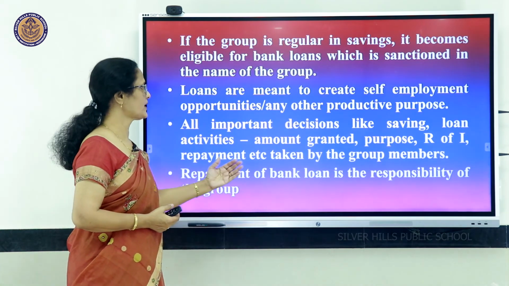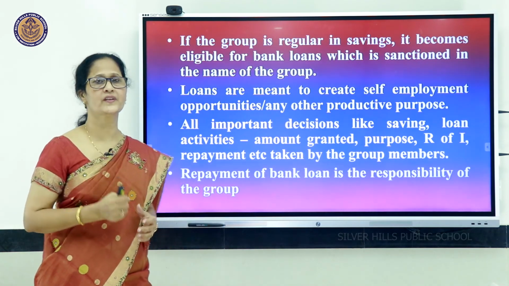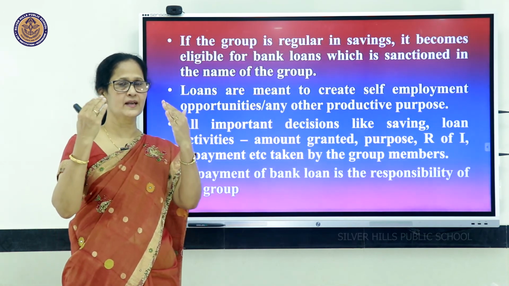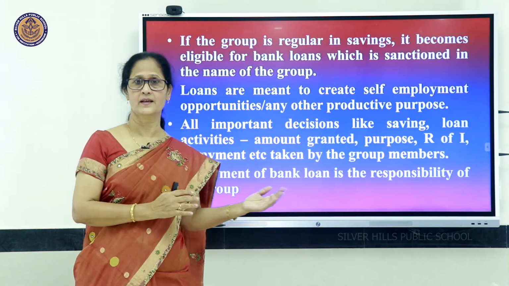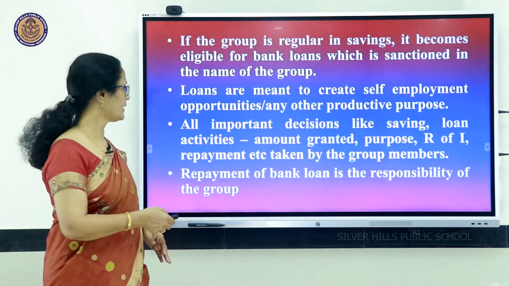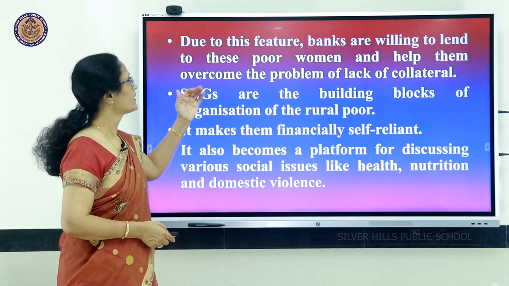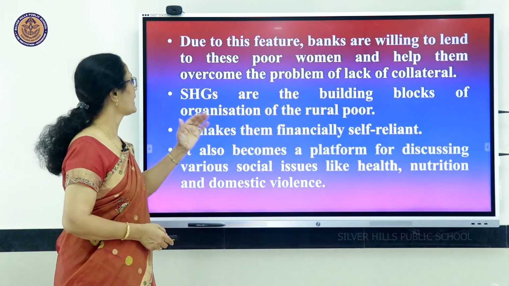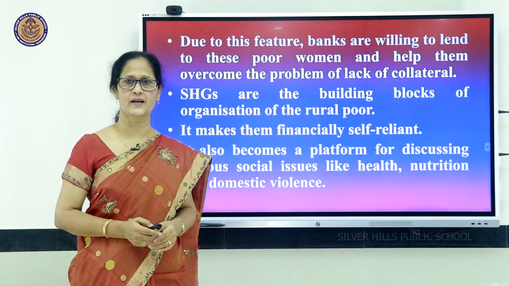Next, repayment of the bank loan is the responsibility of the group, not of the individual. Once they take a bigger loan from the bank, the repayment of that loan is the responsibility of the group. Due to this feature, the banks are willing to lend to these poor women and help them overcome the problem of lack of collateral.